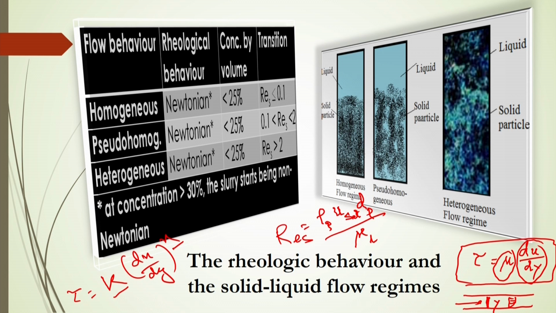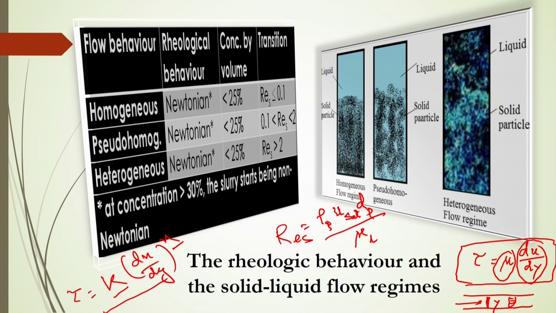If k is not mu and n is not 1, then it will be totally non-Newtonian. That means n may be less than 1 or greater than 1, so it depends on the type of fluid. Those fluids are called non-Newtonian fluids.